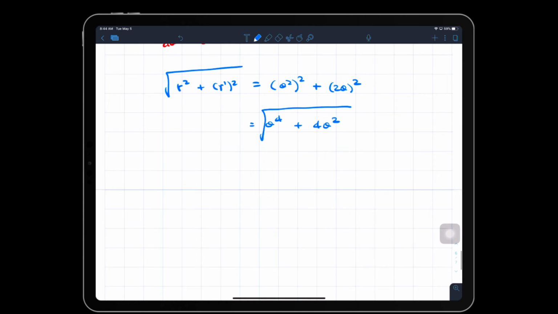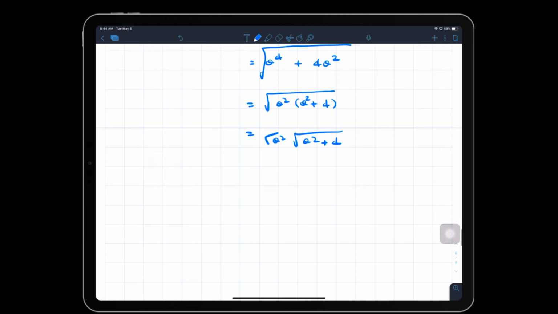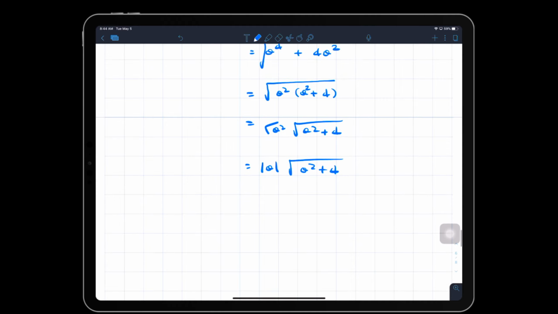And you say, can I simplify this? You sure can. Factor out the theta squared, you get theta squared times theta squared plus 4. And then you say, is this the square root of theta squared times the square root of theta squared plus 4? It is. And is this the absolute value of theta, square root theta squared plus 4? Remember, theta is from 0 to 2 pi, so theta is positive.